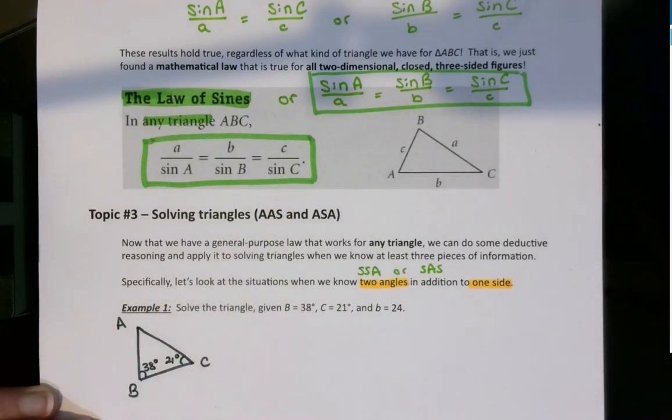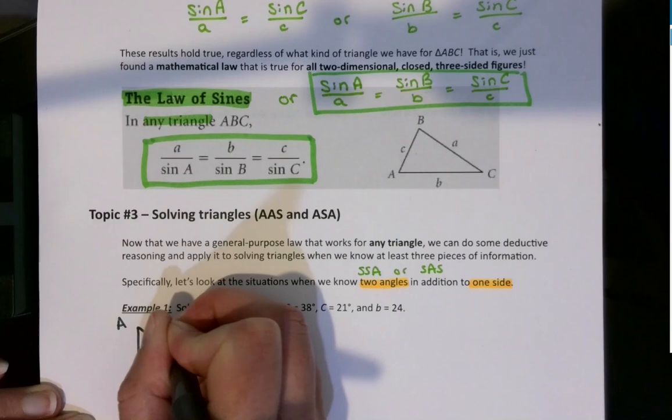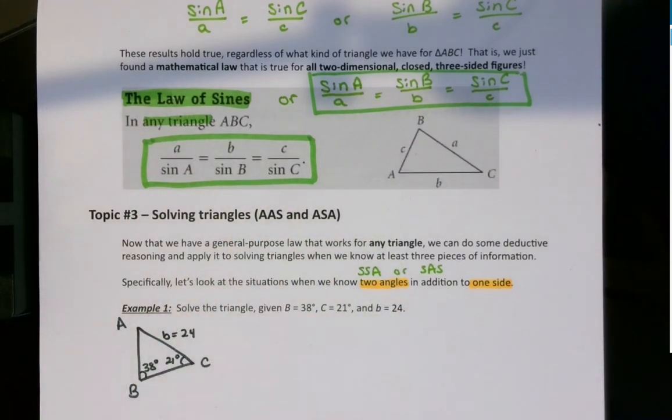Now, I don't know how big angle A is yet, but I do know that side b, which has to be across from angle B, must be here. And that has a measure of 24. So those are the things that I was given that I know for this one.